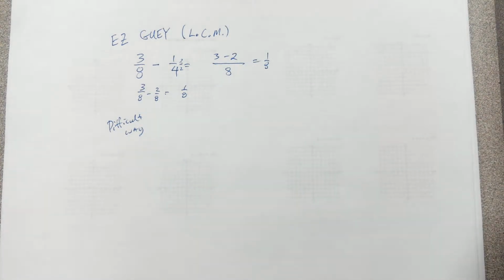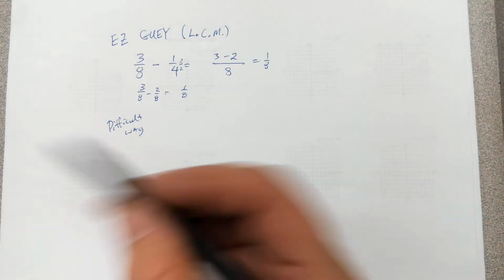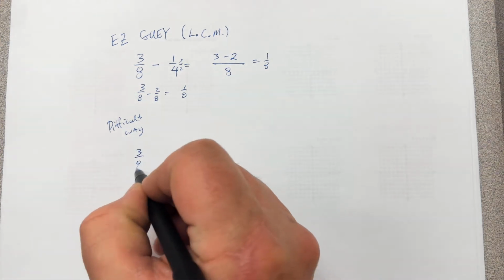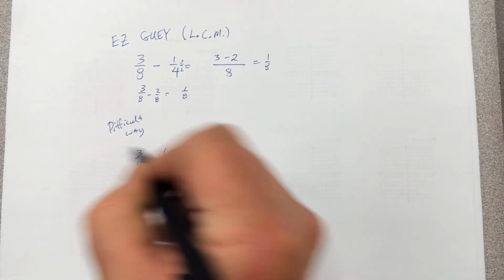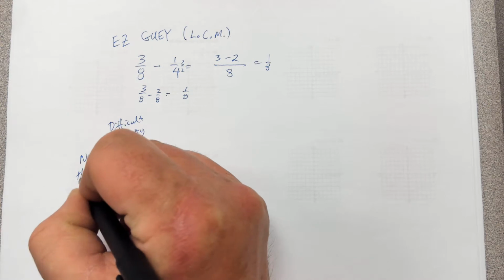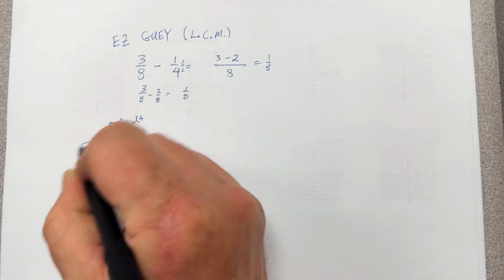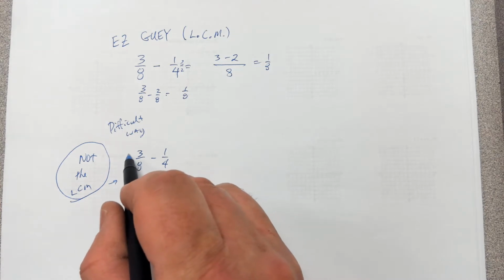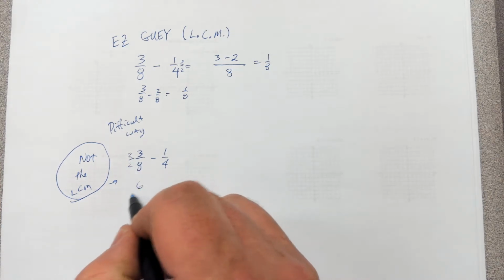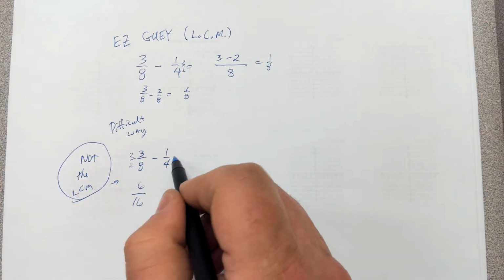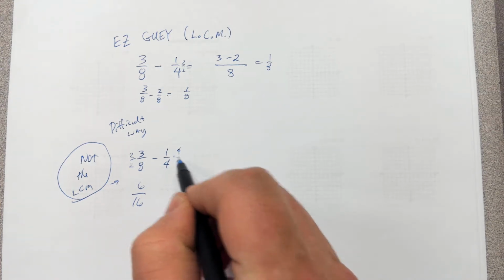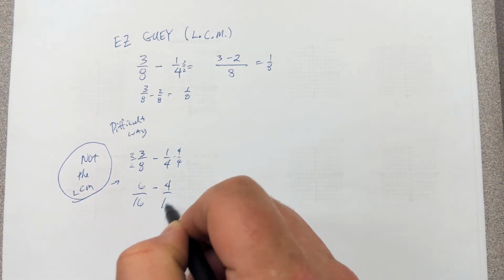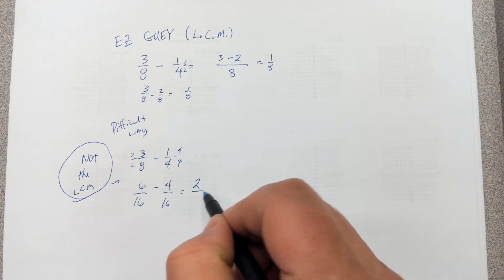Same answer. Okay, now, let's say we got a denominator that wasn't the smallest one. So let's say not the LCM. Let's say it's going to be 16. So we're going to multiply by 2 over 2. That's 6 over 16. And this one's by 4 over 4. So that's minus 4 over 16. That's 2 over 16.